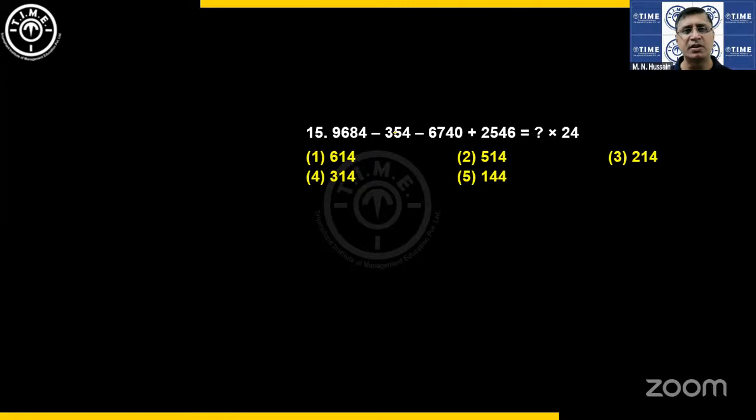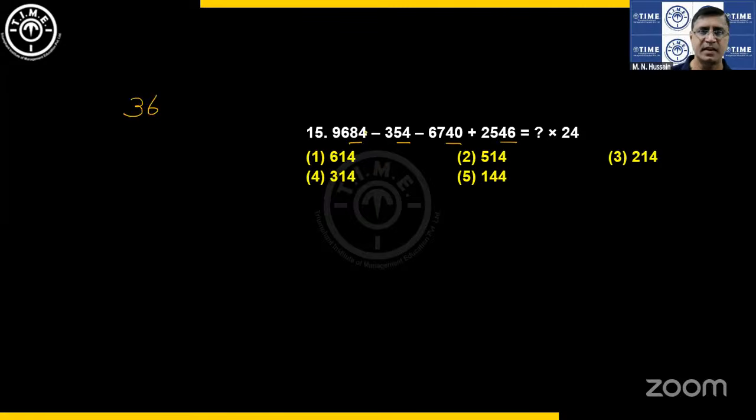Now, first of all, find out the left side value. Subtract 40 from 46. It will give positive 6. 84 minus 54. It will give positive 30. 30 plus 6, 36.